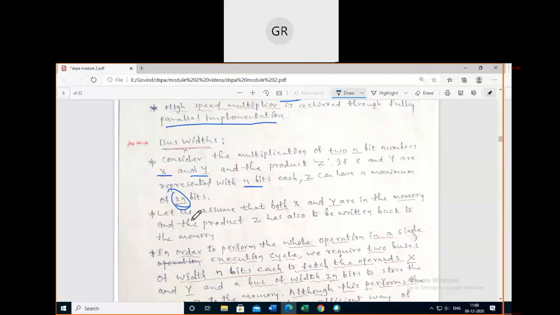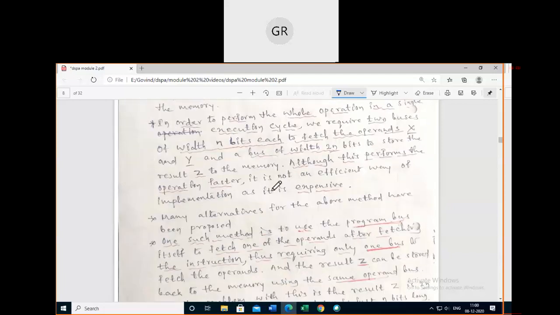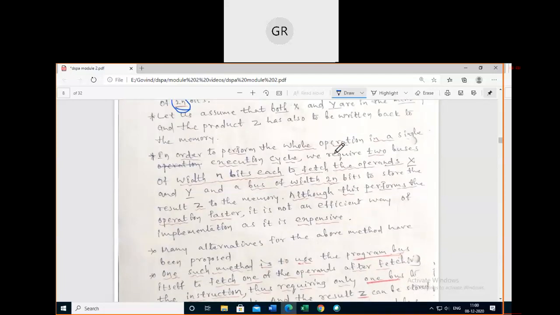Let us assume that both x and y are in memory and product z also has to be written back to the memory. In order to perform the whole operation in a single execution cycle, we require two buses of width n bits each to fetch the operands x and y, and a bus of width 2n bits to store the result z to the memory.